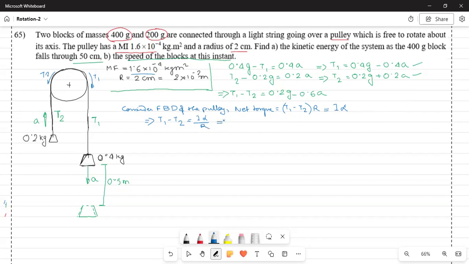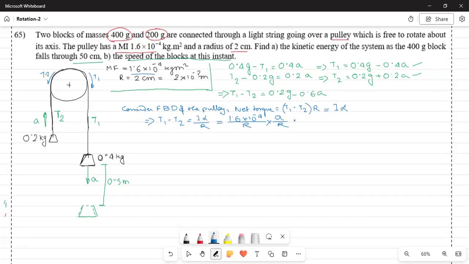I is given 1.6 multiplied by 10 to the power minus 4. Now, this is I divided by R. Now, alpha is again linear acceleration A by R. Right?